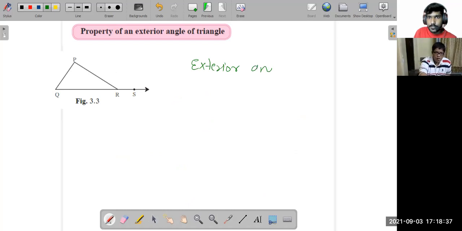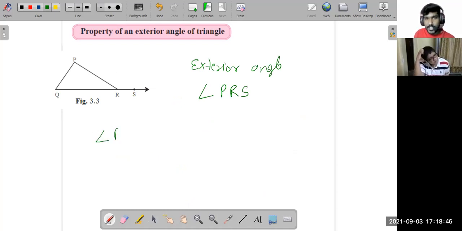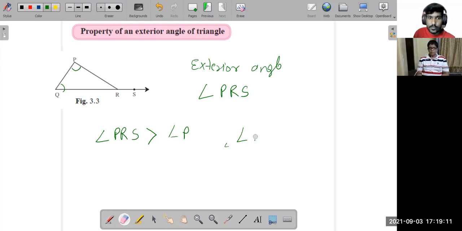This property says that the exterior angle PRS is greater than both the remote interior angles, angle P and angle Q. The exterior angle will be greater than angle P, and also greater than angle Q.